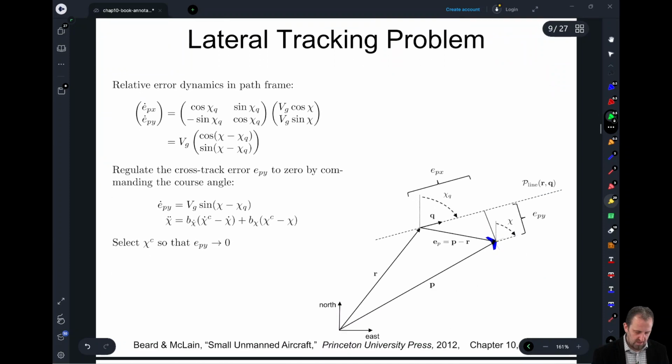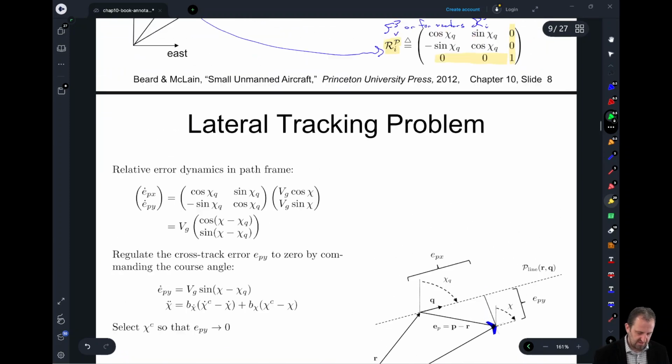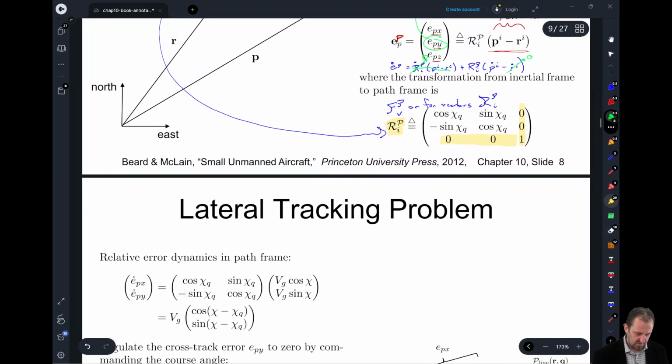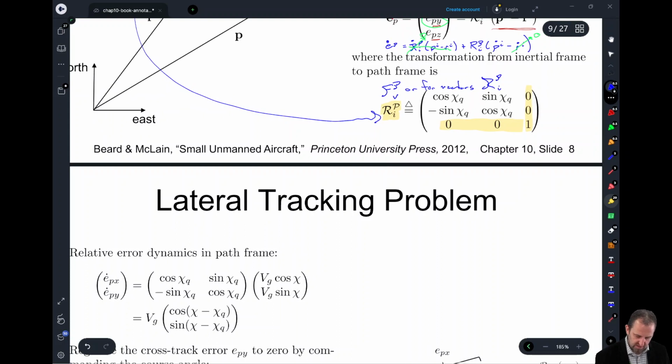So we're going to have our relative aerodynamics. This is going to be R I to P times P I dot. Sorry, I should have put the I as a superscript.